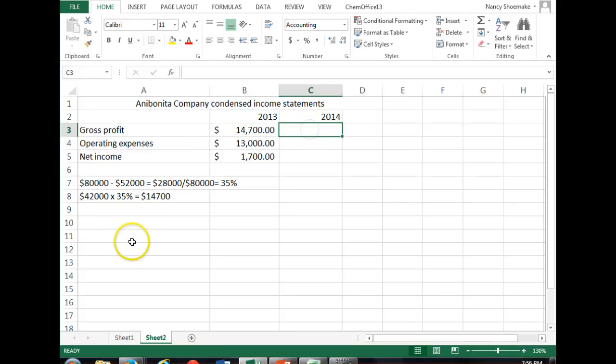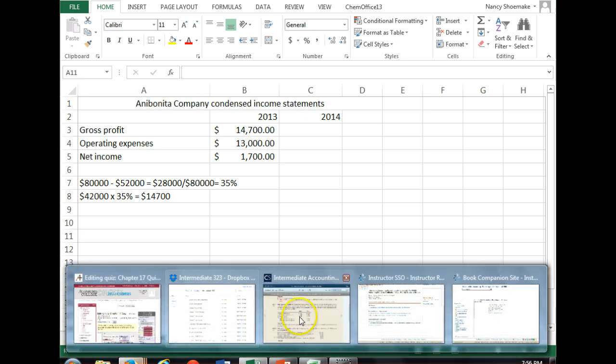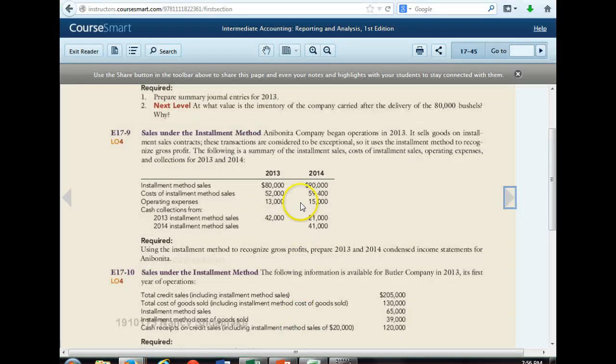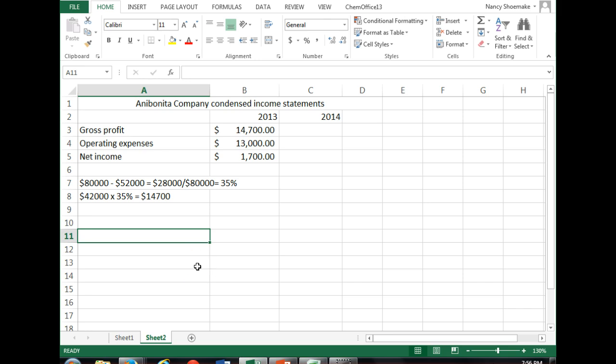How are we going to figure our gross profit in 2014? If we have our installment sale from 2013 of 21,000, 21,000 times what percent?